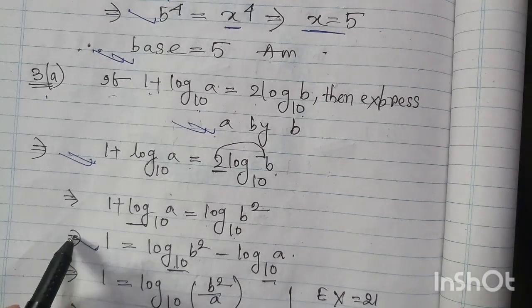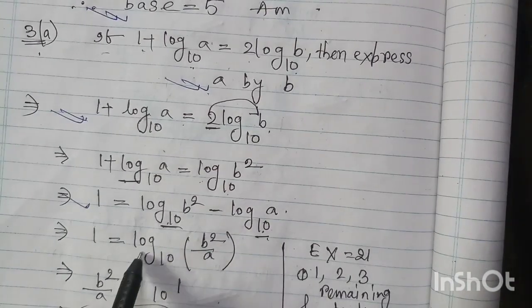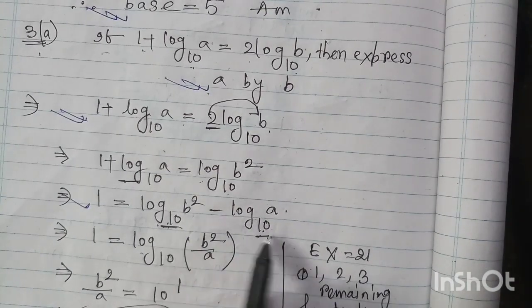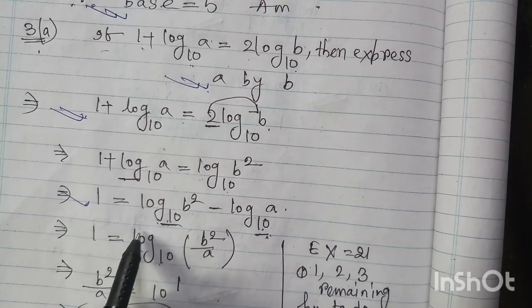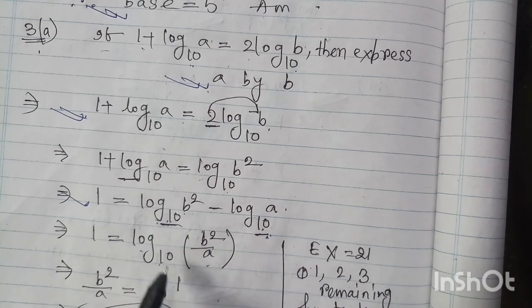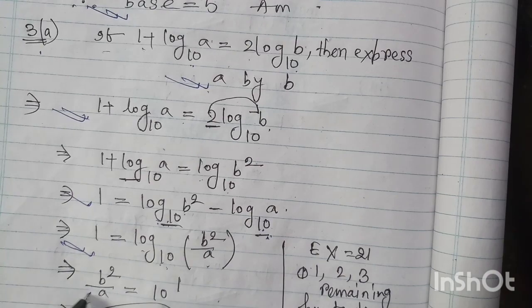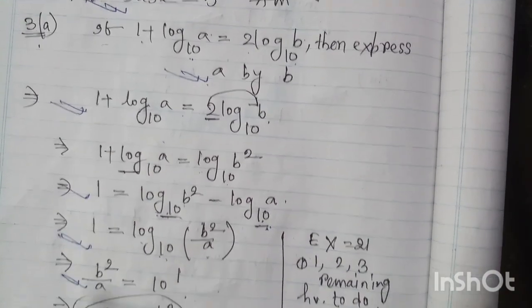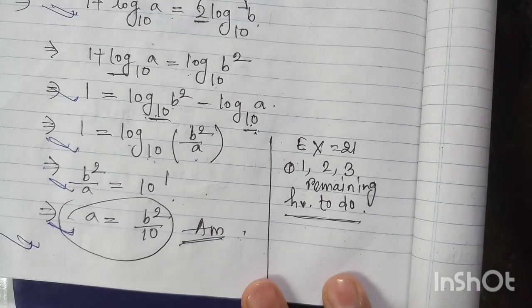Now keep 1 on the left hand side and take this logarithm to the right hand side. We know the bases are the same, so we can apply the quotient law. That is the logarithm to the base 10 of b square by a, and by the quotient law, now apply the definition: b square by a will be 10 to the power 1. So a equals b square by 10. Understood, no?